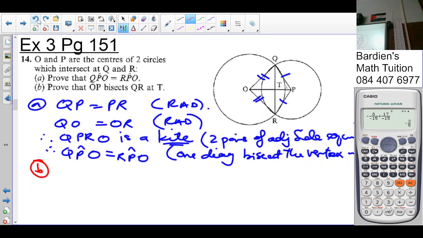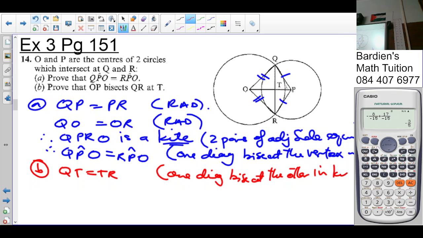So in the exam, if they specify, like here they didn't specify, I could have just said QT is equal to TR. Why? Because one diagonal bisects the other in a kite. That would have sufficed. But what they wanted you to use was congruency.